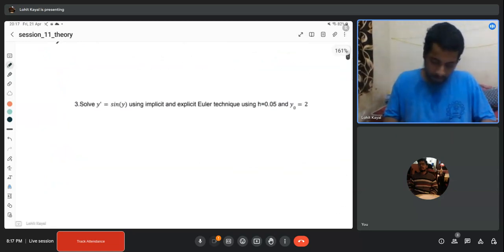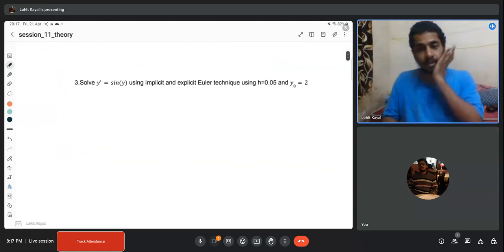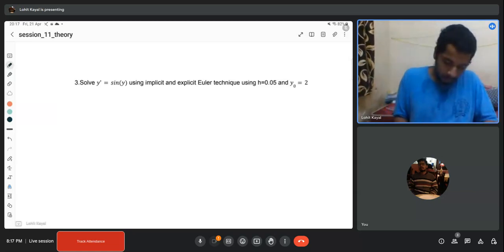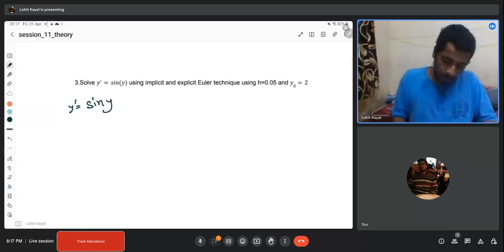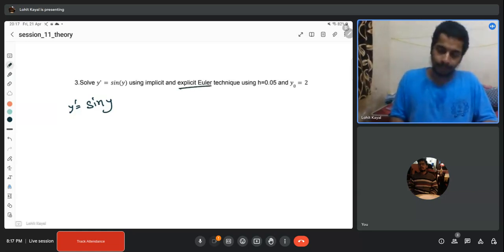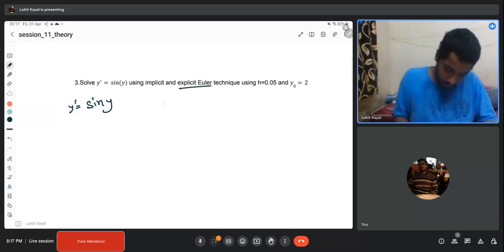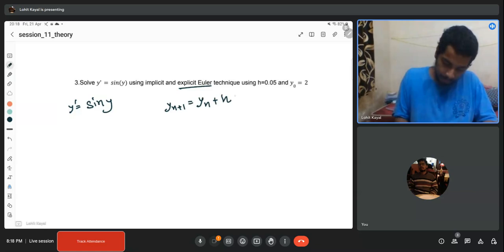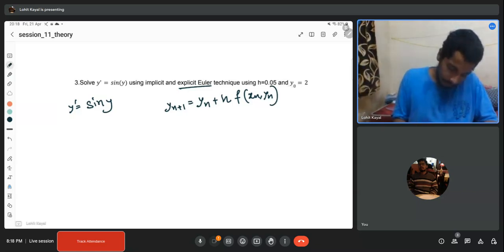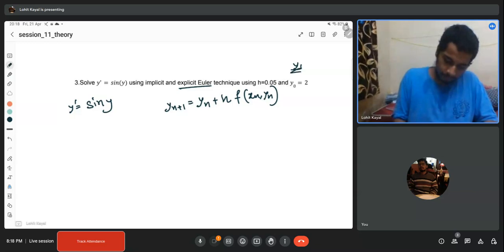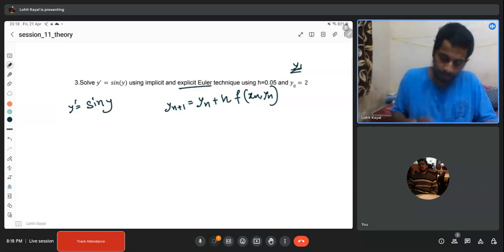Now here this is an example problem, and you need to solve it. You have y prime equal to sine of y. You need to use a calculator to solve the problem. First I will use the explicit Euler technique. It says yn plus 1 is equal to yn plus h f of xn yn. So here I need to find y1. I have not specified it, but let's find y1.